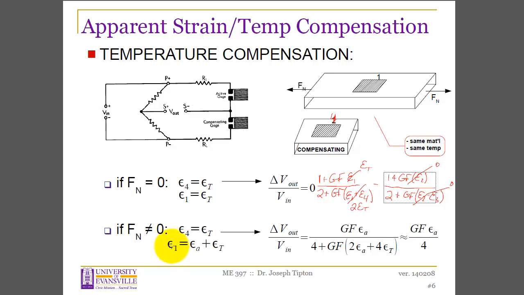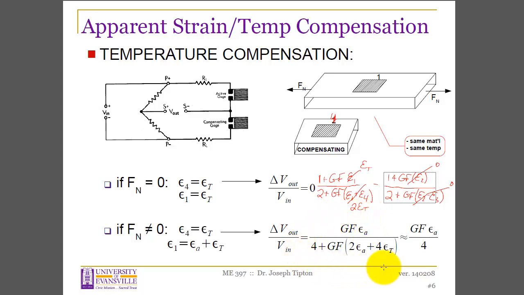And the strain gauge in arm 1 of the Wheatstone bridge is going to experience the axial mechanical strain plus possibly a temperature-induced apparent strain. Well, in that case, my equation, again, the right-hand side reduces to 1/2. The left-hand side, though, remember, arm 1 is going to have axial and temperature strain. Arm 4 is going to have just temperature strain.